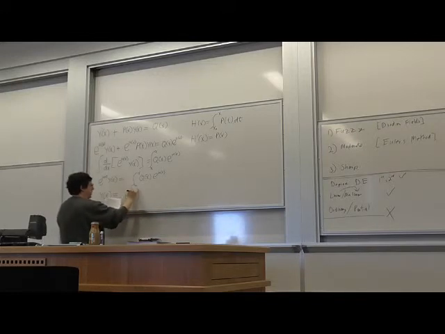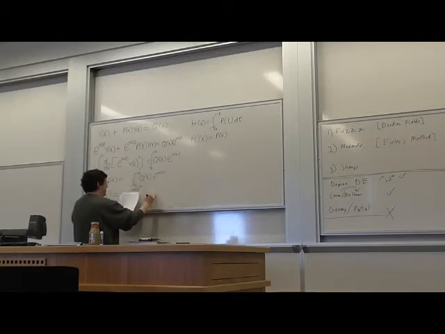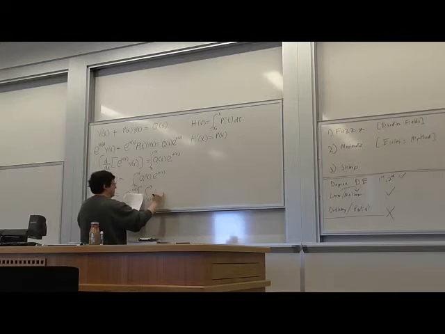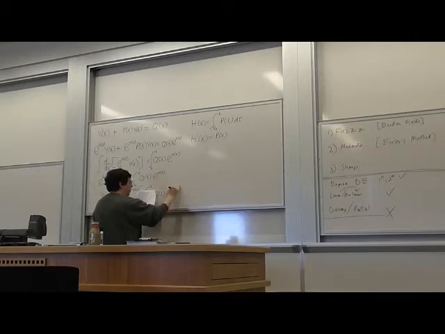E to the minus h of x times this integral. Note that we use a different dummy variable. That's what I wanted to do before.